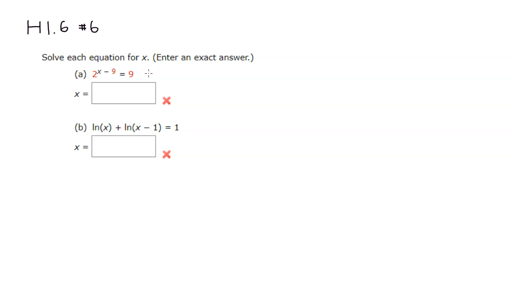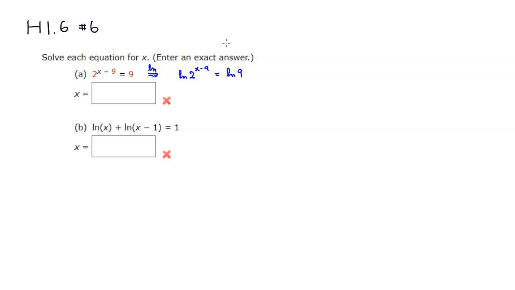The trick is to take the natural log of both sides. So we put natural log on both sides: you have 2 to the x minus 9, then the natural log of 9.